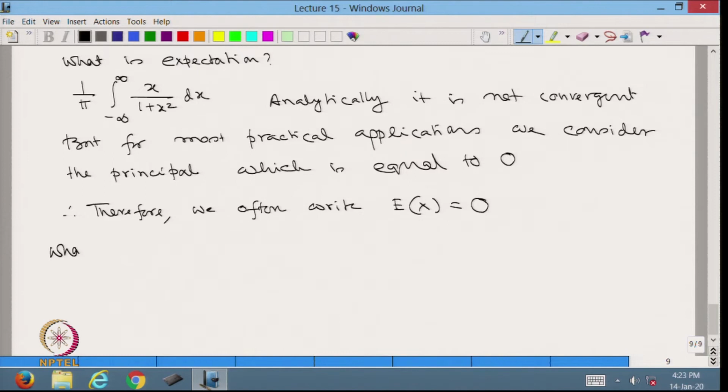What about the expected value of x square?